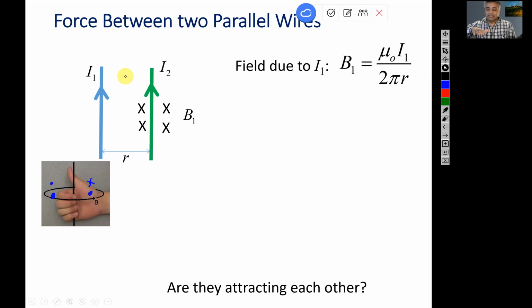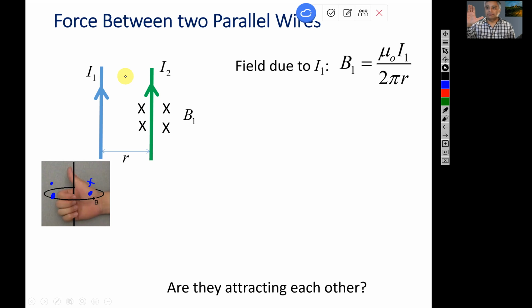Then the magnetic field is going down, which means I'm curling these fingers in the direction of the magnetic field, down. So the thumb gives the direction of force on this wire. Which wire? The green wire. And that force is pointing towards the blue wire. My thumb is pointing towards the blue wire. Is your thumb pointing towards the blue wire? Go ahead, try it.